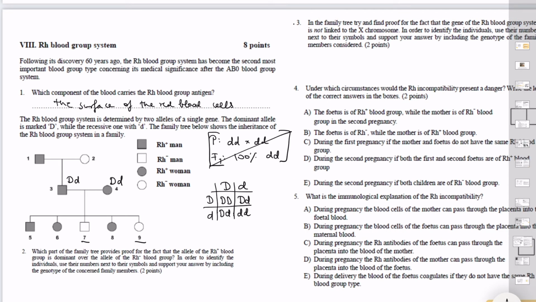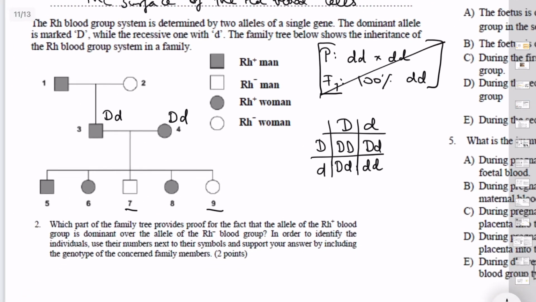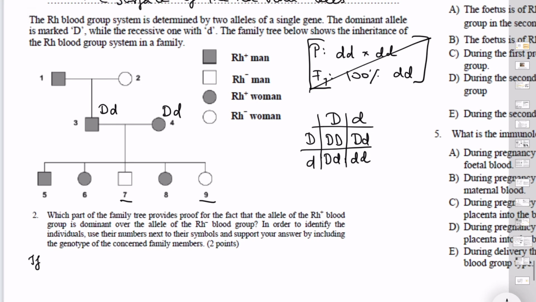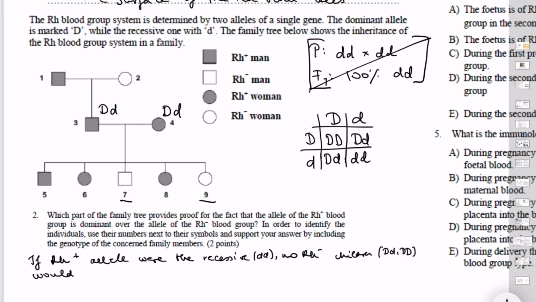All right, so let's write down what we discussed. If Rh positive allele were the recessive, no Rh negative children, so no Rh negative children would be present within the offsprings of parents 3 and 4.